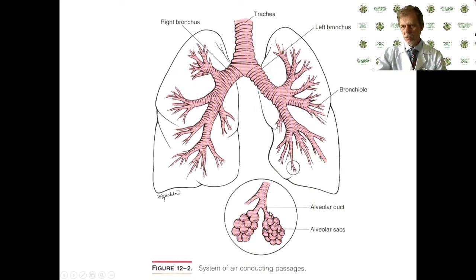We talk about alveolar ducts and alveolar sacs, the small bubbles, small sacs, where we have oxygenation of blood.